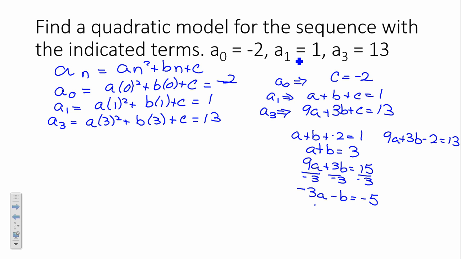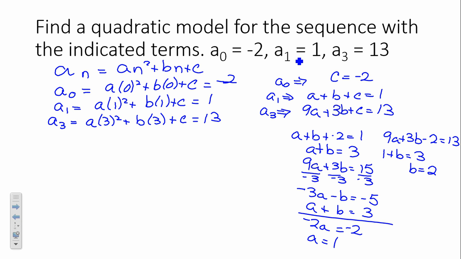If I add that to a plus b equals 3, -2a equals -2. So a is 1. And find the easiest place to plug it back in. Most convenient place is likely here. 1 plus b equals 3. So b equals 2.